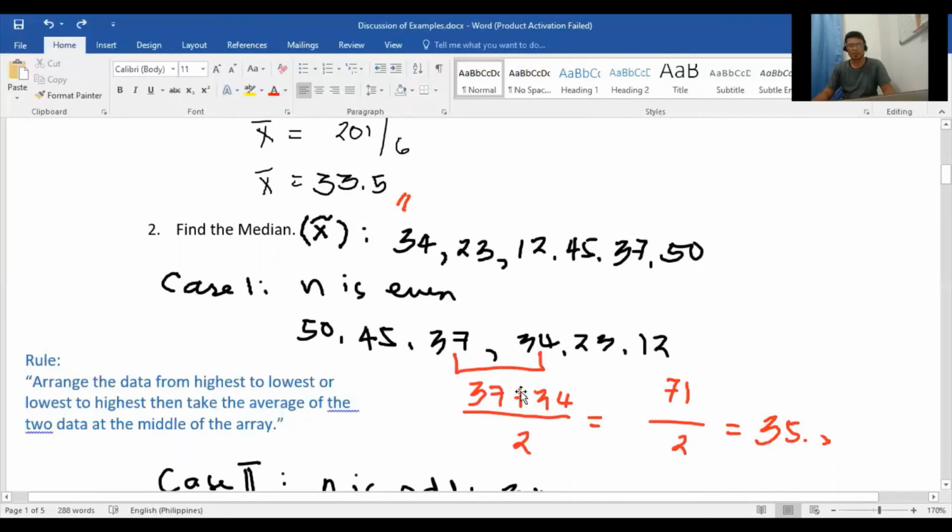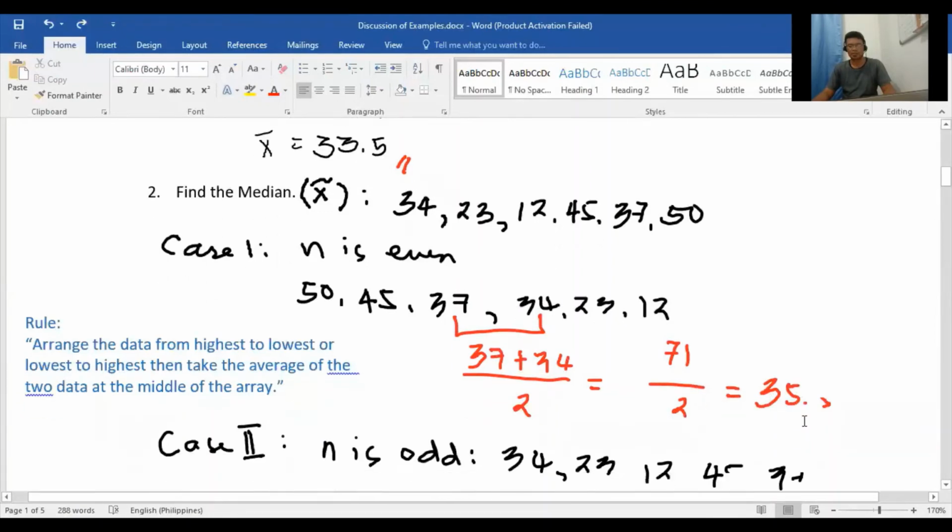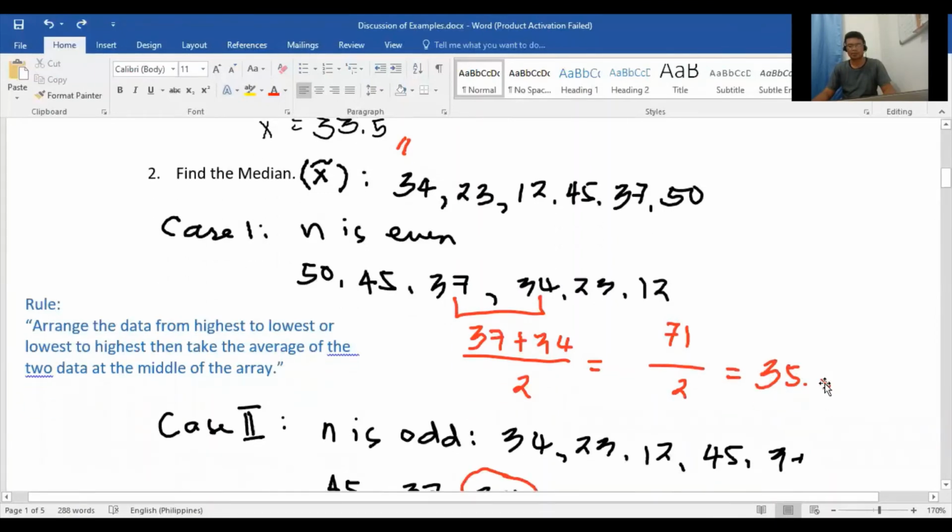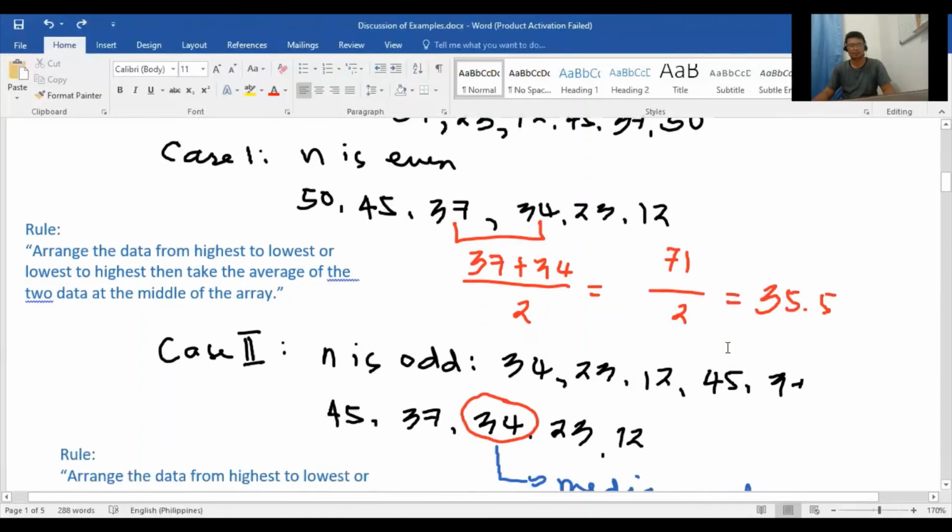So we get 37 and 34. The sum of this divided by 2. So we have 71 over 2 is equal to 35.5. So the median value of this set of data, wherein there are only 6 of them, is 35.5.